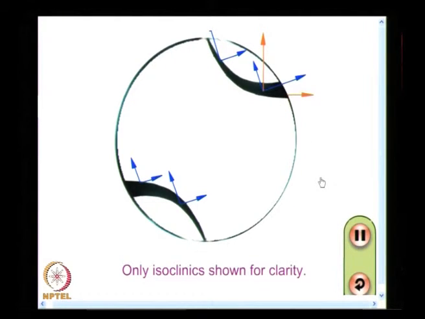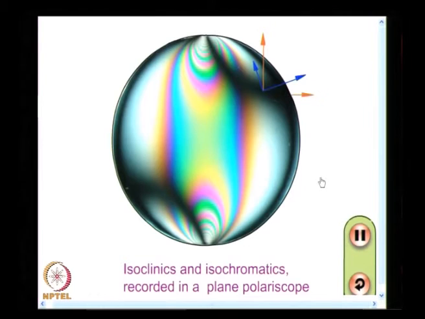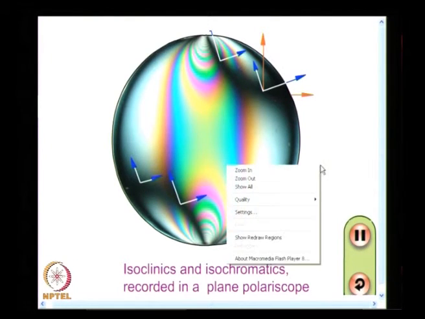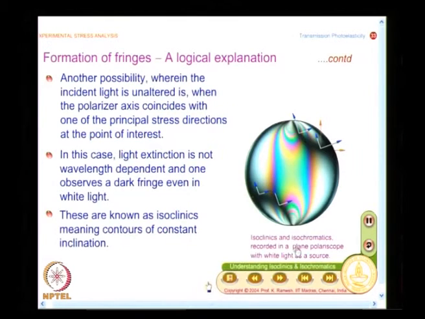And if I see what happens in a plane polariscope with white light as illumination, I see the isochromatics superposed with isoclinics, and this is what you see as isoclinic. And we can also have another way of looking at it.